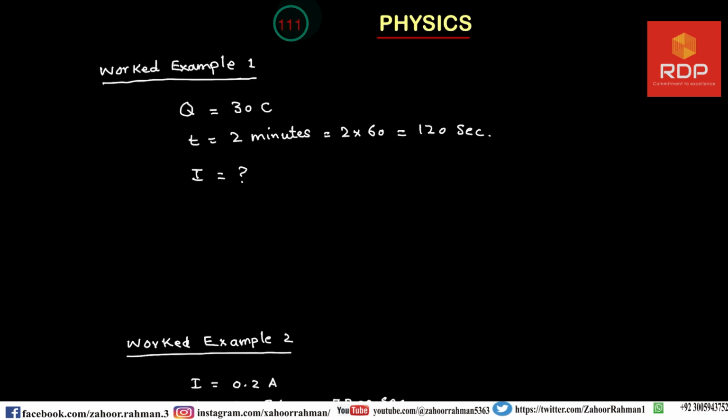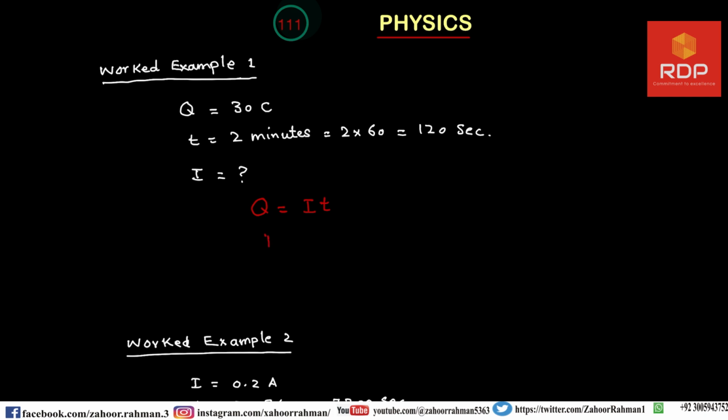Now they are asking what is the current in the wire, and as I is the symbol for representing the current, ladies and gentlemen, we know that Q is equal to IT.